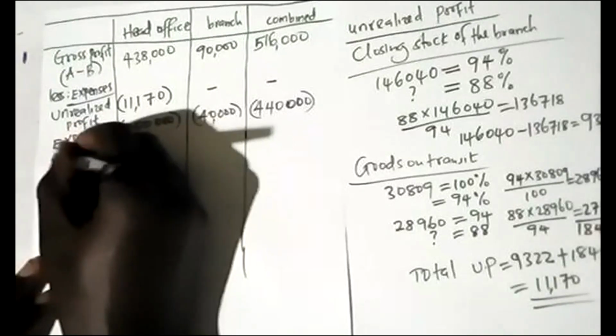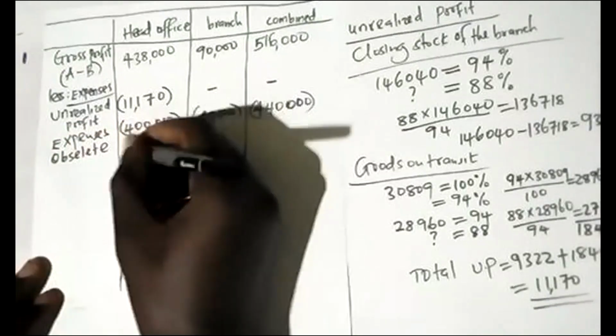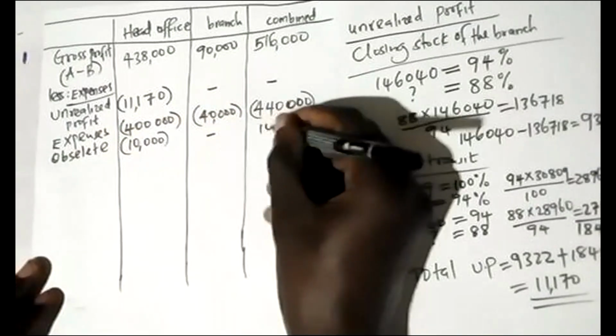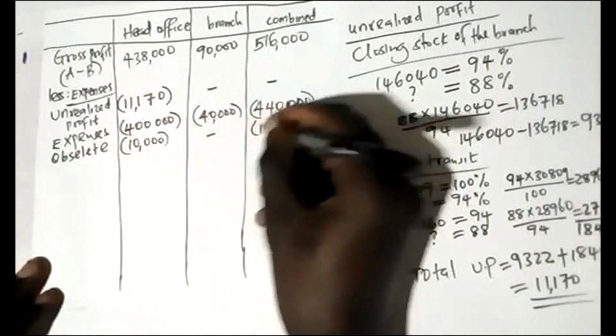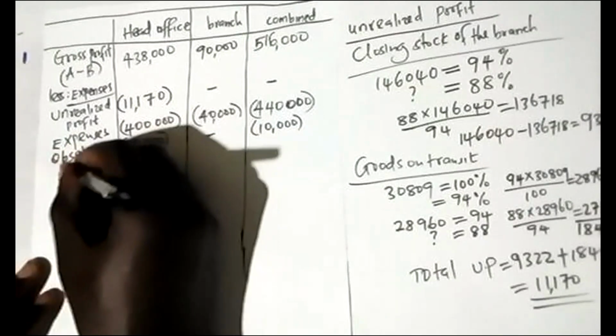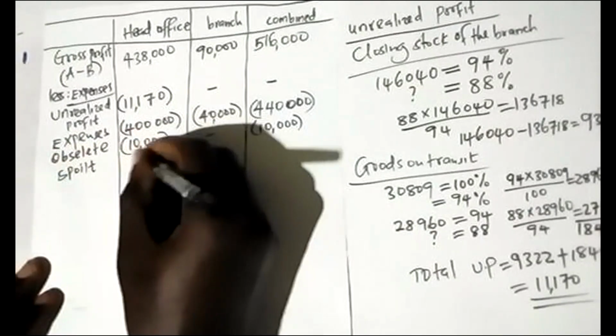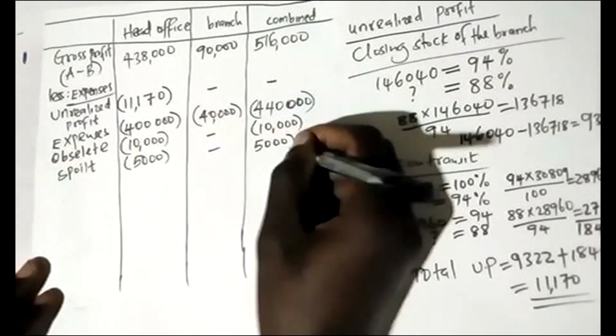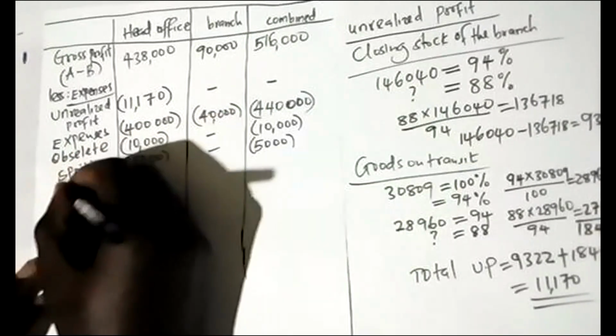So we have the obsolete stock, which was according to note 3 of the question. We have some spoiled. And finally, we have some shortage.